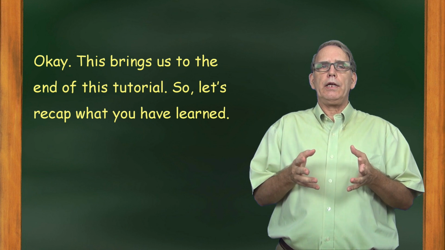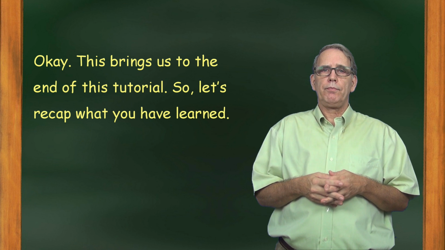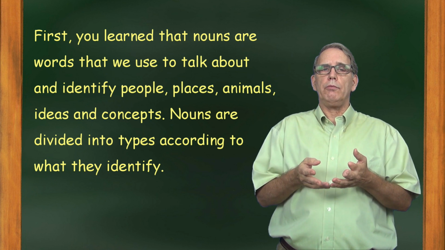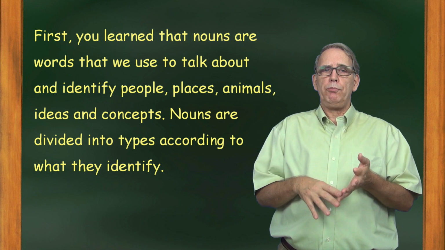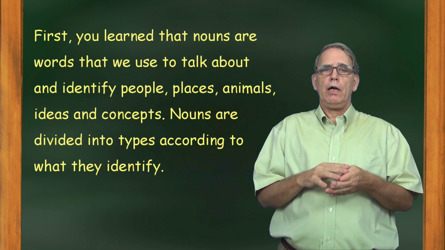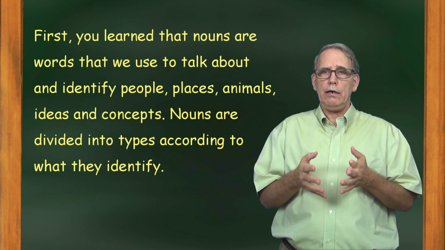Okay, this brings us to the end of this tutorial. So let's recap what you have learned. First, you learned that nouns are words that we use to talk about and identify people, places, animals, ideas, and concepts. Nouns are divided into types according to what they identify.